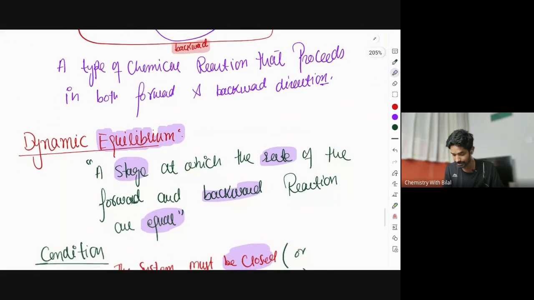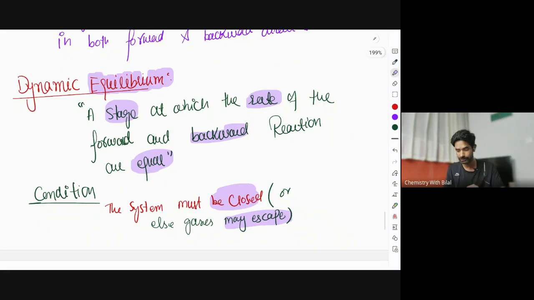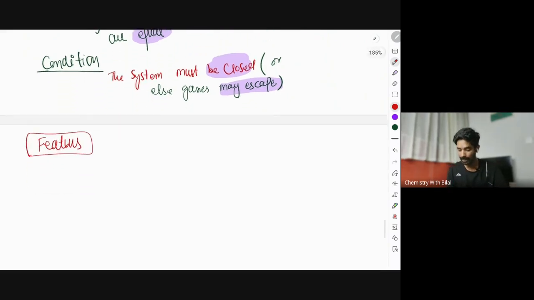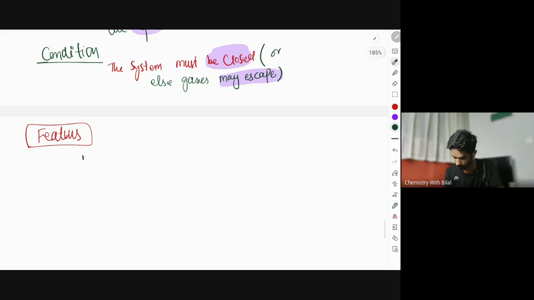So first we discussed dynamic equilibrium, then conditions. Now we are going to learn the features of dynamic equilibrium. What are the features? One feature we have already mentioned.